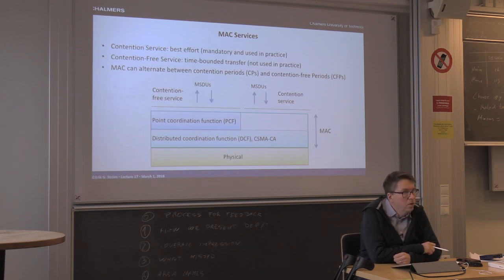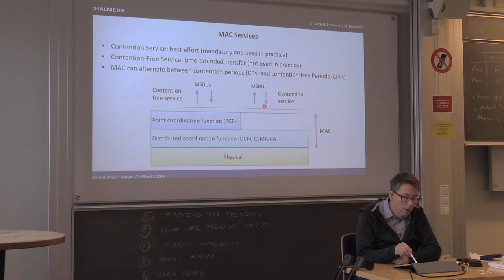What services does the MAC provide to the LLC? Remember, below the MAC layer is the physical layer, and above it, since it's an IEEE standard, there is the LLC.